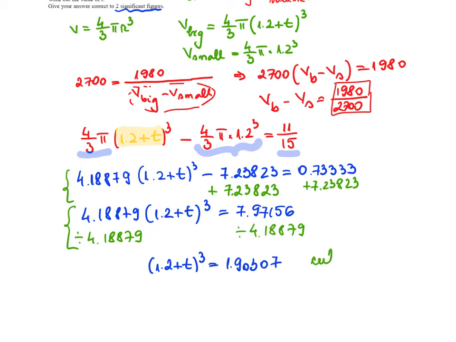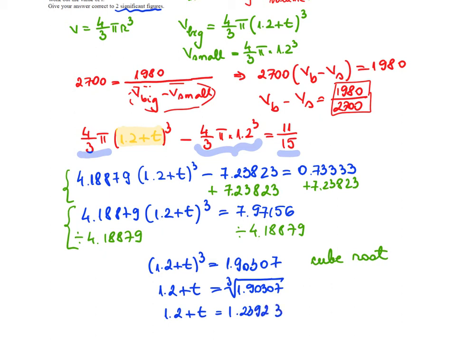So step 1, step 2. The next step will be to cube root both sides to get 1.2 plus t, which is the cube root of 1.90307, which will give me 1.2 plus t to be 1.23923, to 6 significant figures. Therefore, t is 0.03923.